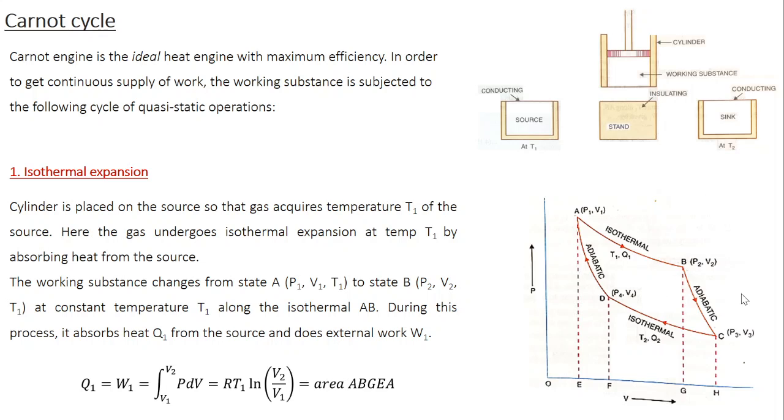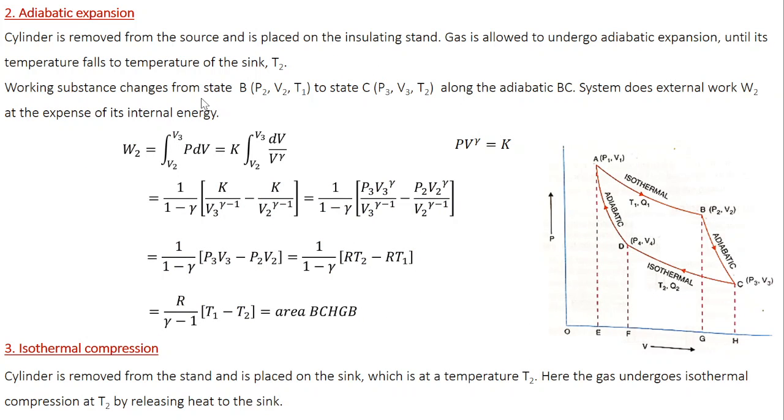So this is an adiabatic expansion and the temperature changes from T1 to T2. If you take the initial state for this process as state B, characterized by coordinates P2, V2, T1, at the end of adiabatic expansion it reaches the final state C, characterized by P3, V3, T2. The process happens along the adiabatic BC.